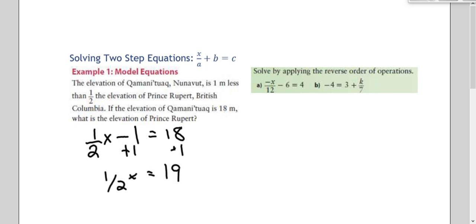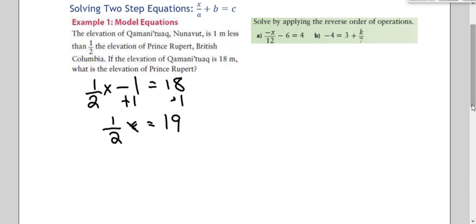Now because there's this 2 down here in the bottom, there's 2 different ways that we can conceptualize what is happening here. The first thing that you can do is you can either divide by 1 half, or if you understand why, you can just multiply by 2.